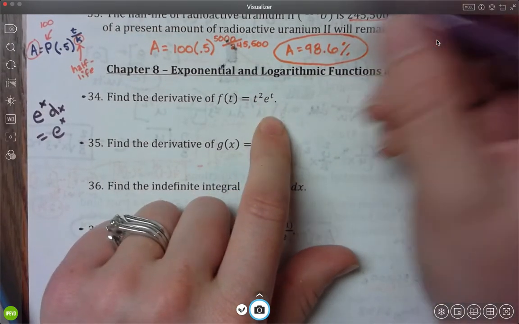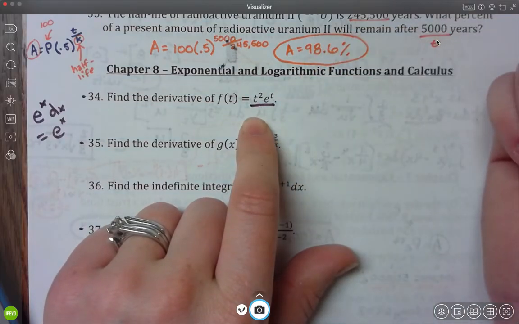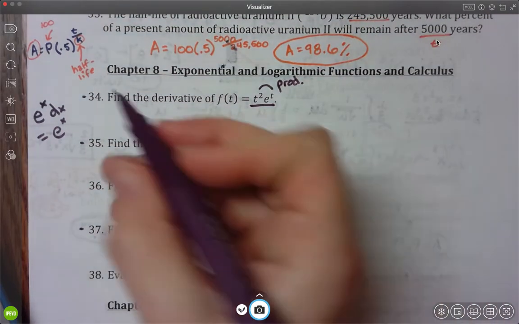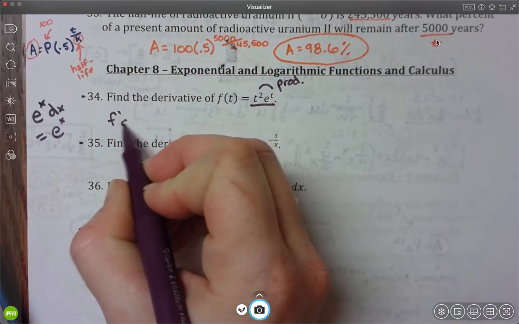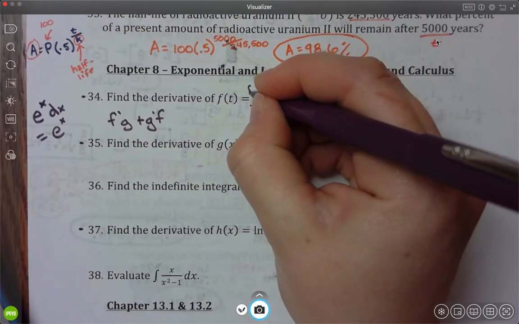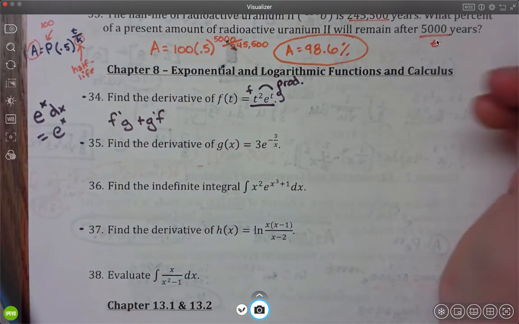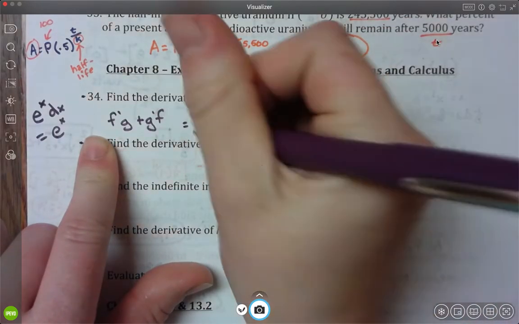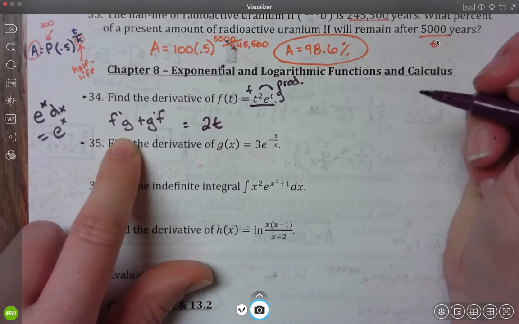But since I have that t squared in front, this is technically a product. So I have to use the product rule: f prime g plus g prime f. Where this is f, this is g. So f prime, I want to take the derivative of t squared, so 2t in that case. g stays the same, so e to the t power.